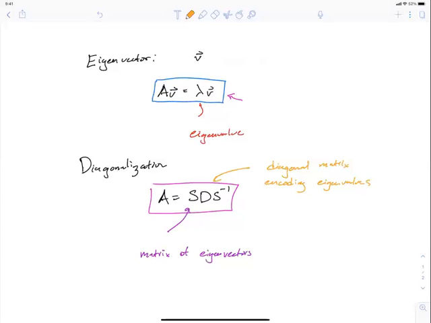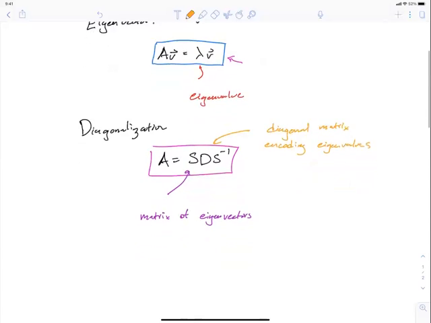And there's no necessary reason why this has to be the case. I just kind of told this to you. So what we're going to spend time today doing is focusing on proving this fact that if you can diagonalize a matrix, then it has to be in exactly this form. And there's also a converse to this as well. If you have enough eigenvectors and eigenvalues, then of course you can diagonalize it.